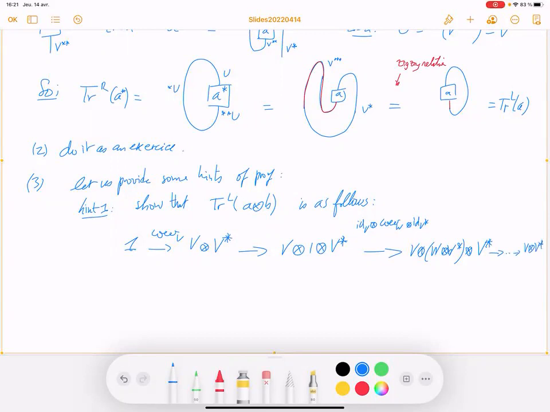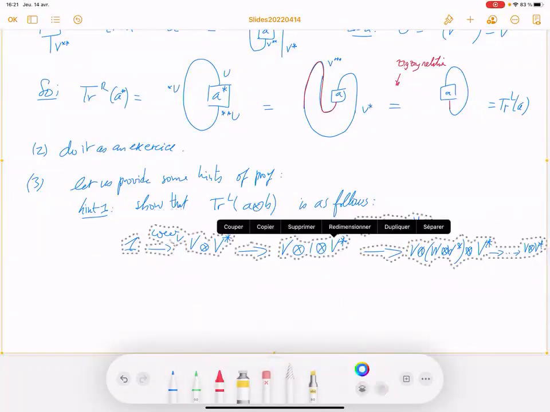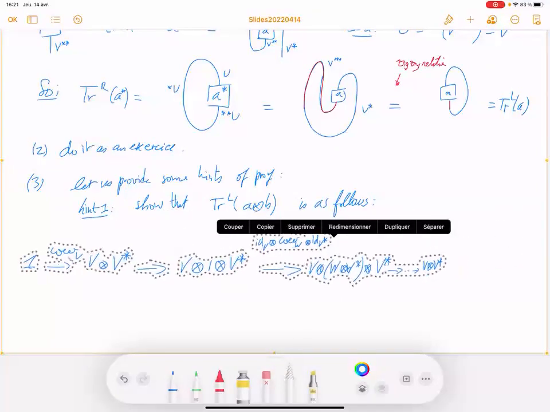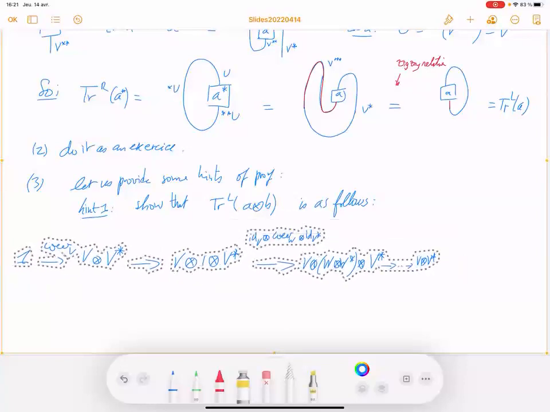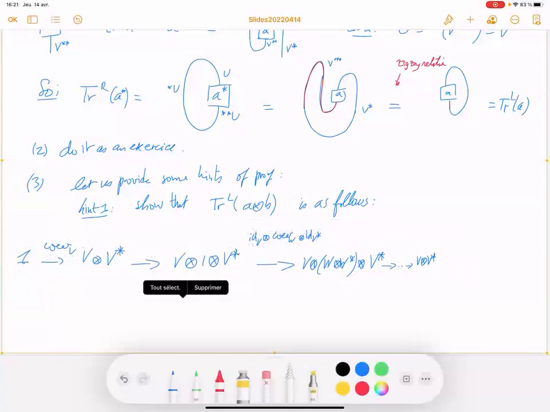So from here to V tensor 1 tensor V star.